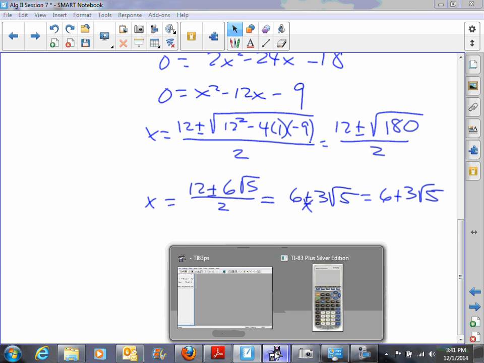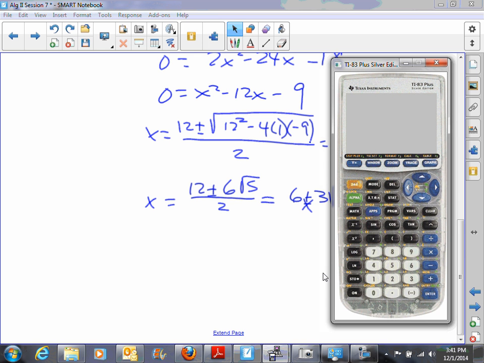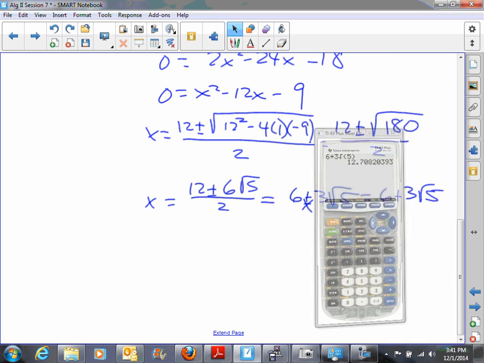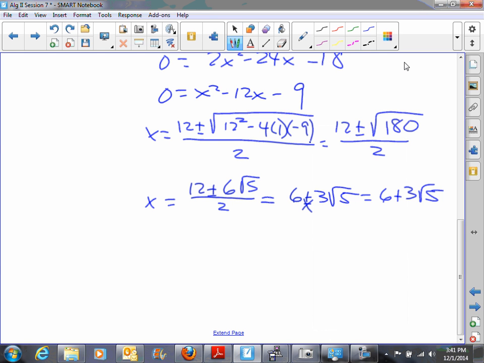Here it is. And just do 6 plus 3 root 5, and we get 12.71. So Sandy's going at about 12.71 miles per hour. That's pretty good rowing. All right.